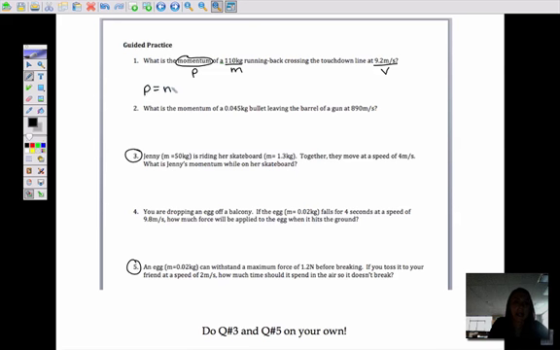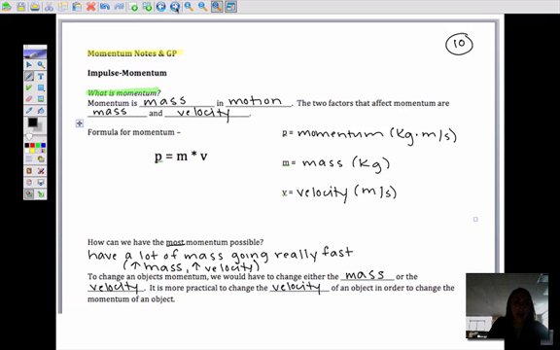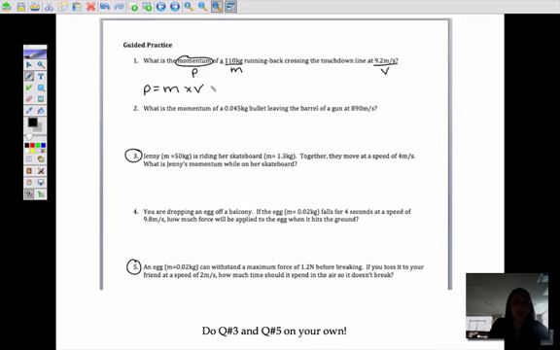P is equal to m times v, which I got from the beginning of the note sheet. So my mass is 110 kilograms times 9.2 meters per second, and that's going to be equal to 1,012 kilogram meters per second.